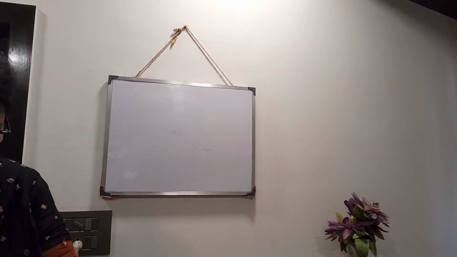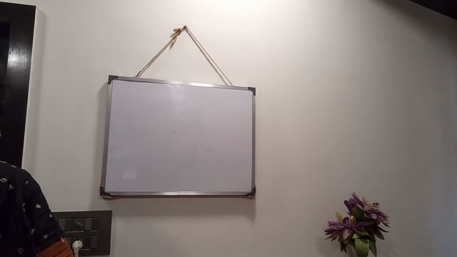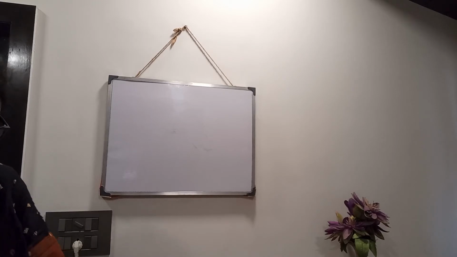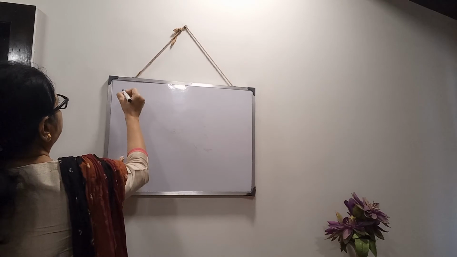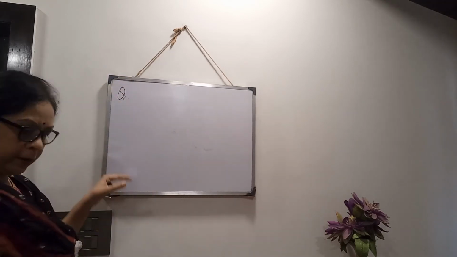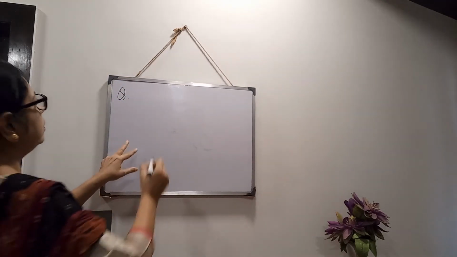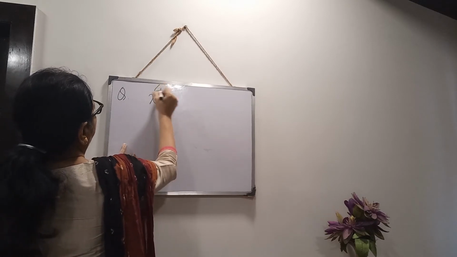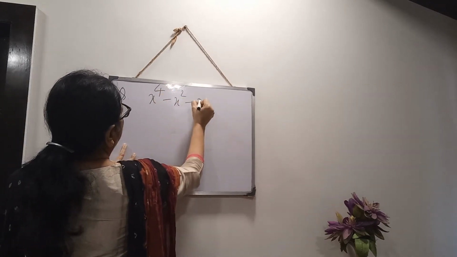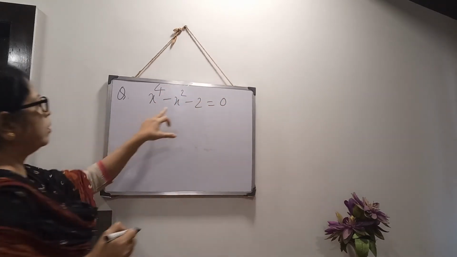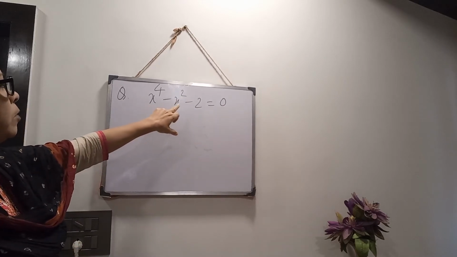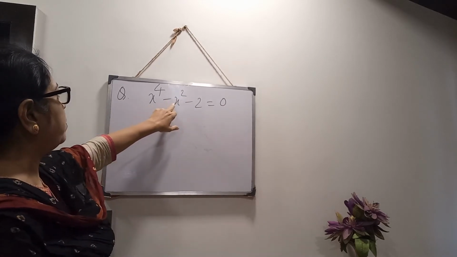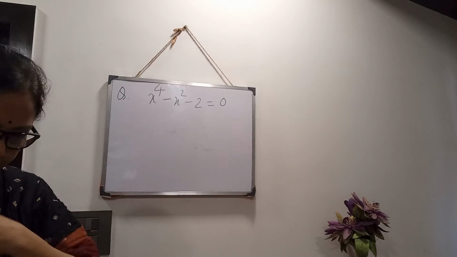Then next part, if the question is in this form, x to the power 4 minus x square minus 2 equals to 0, it will match with the general form of quadratic equation ax square plus bx plus c equals to 0.